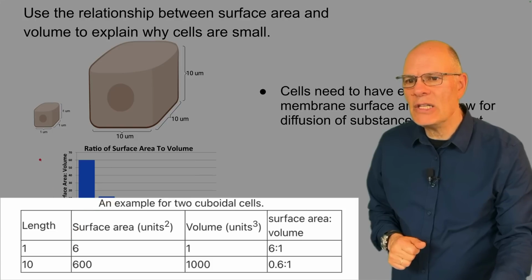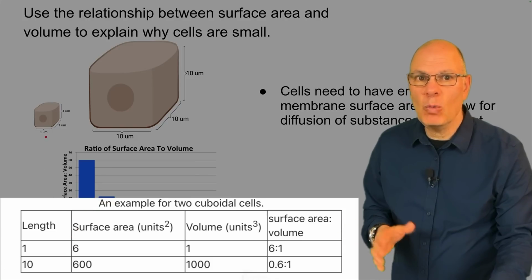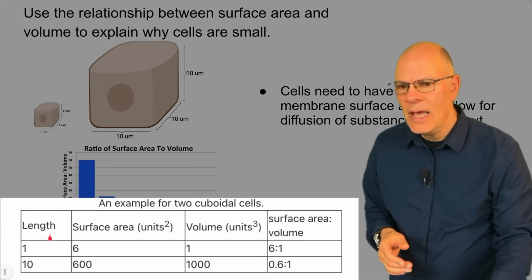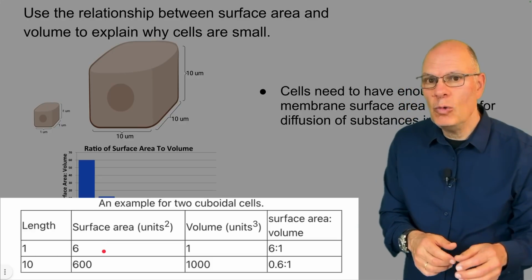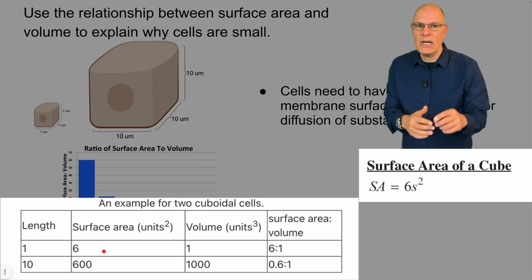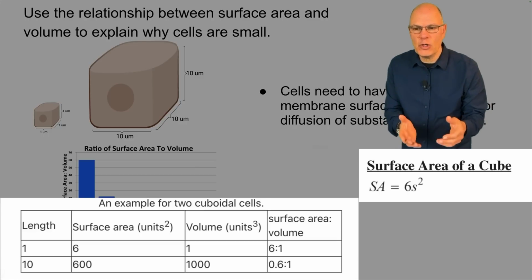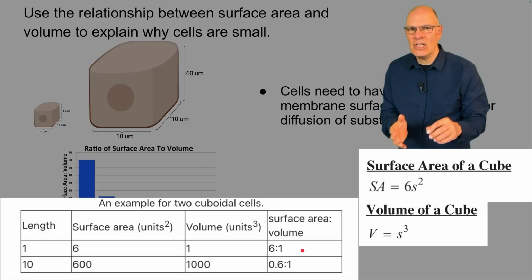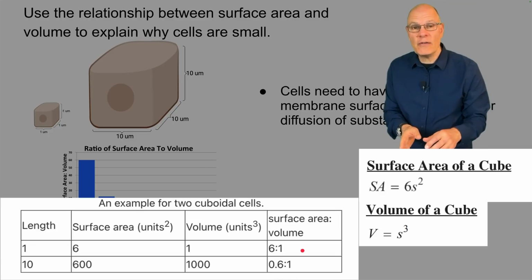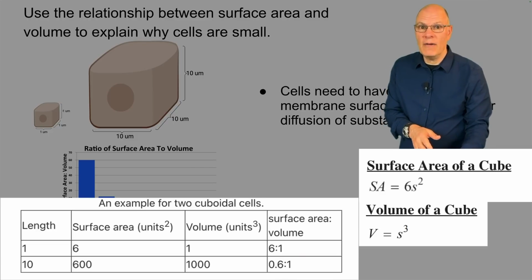If you have a cell that's 1 micrometer, 1 micron on the side, that's its length. Then its surface area, if it's cubic, would be 1 times 1 times 6. Think of the formula for surface area for a cube. Its volume is 1 times 1 times 1, and therefore its surface area to volume ratio is 6 to 1. 6 units of surface area to every 1 unit of volume.